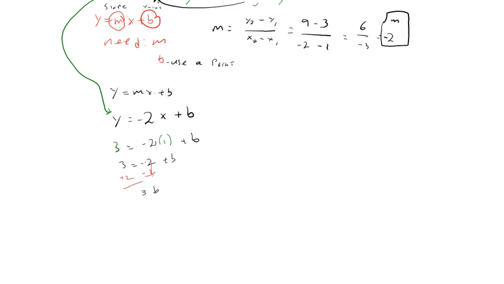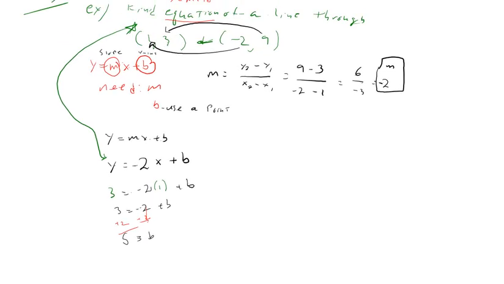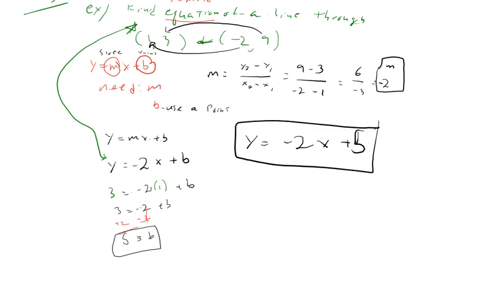No matter if I use the first one or second one, they're both going to make my answer 5. So I've got b is 5. I use those now. Y equals negative 2x plus 5. And there's your answer. Plug the b, plug the m, get your equation. That's your formula.